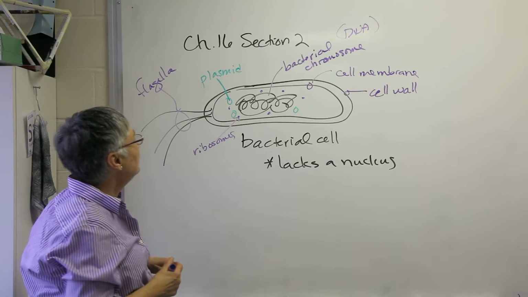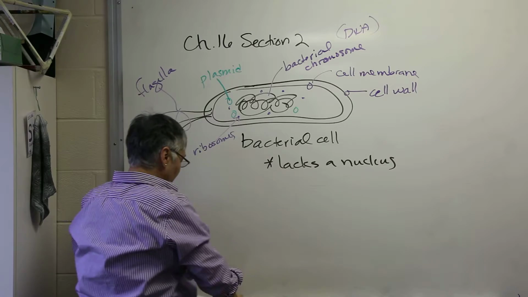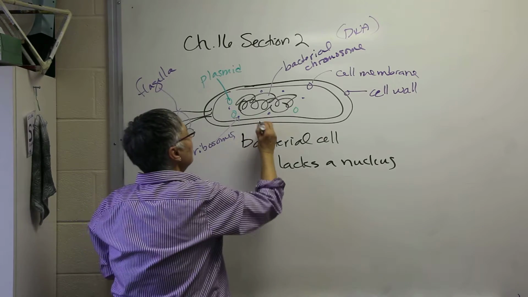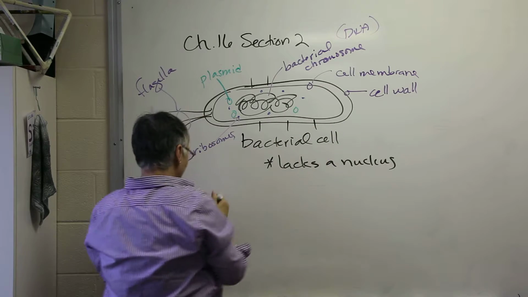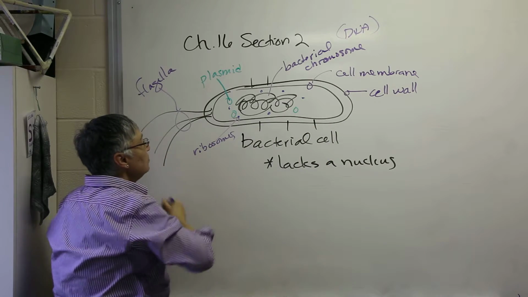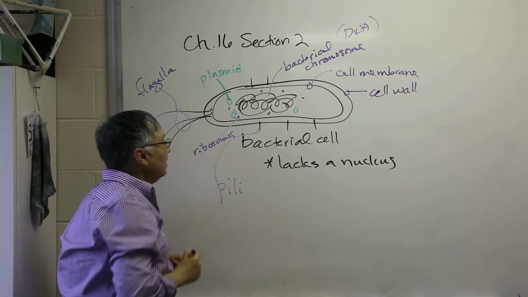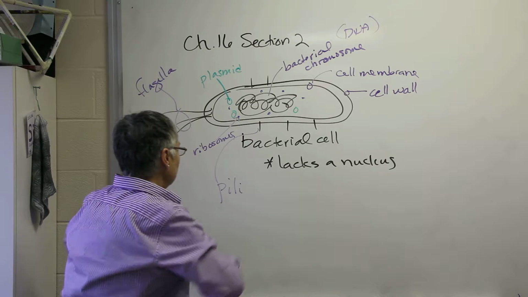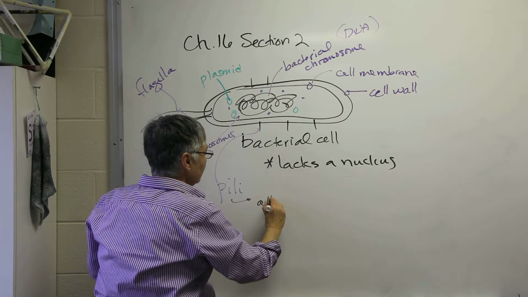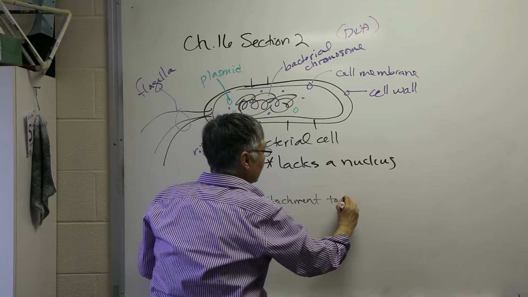In addition, in some bacterial cells, there are small hair-like projections that are called pili, P-I-L-I, and they have various functions. One of them is for attachment to a surface.